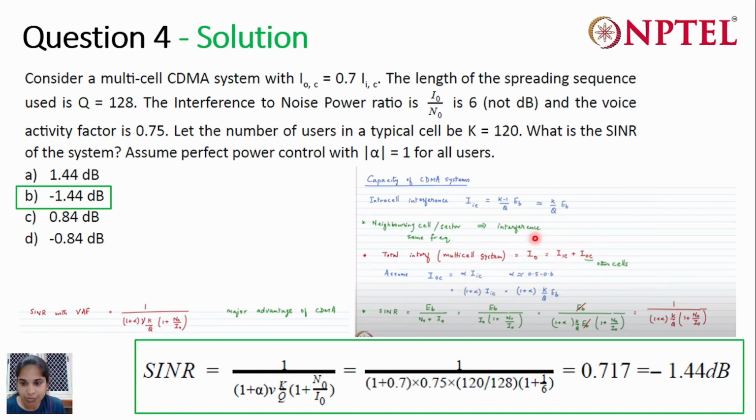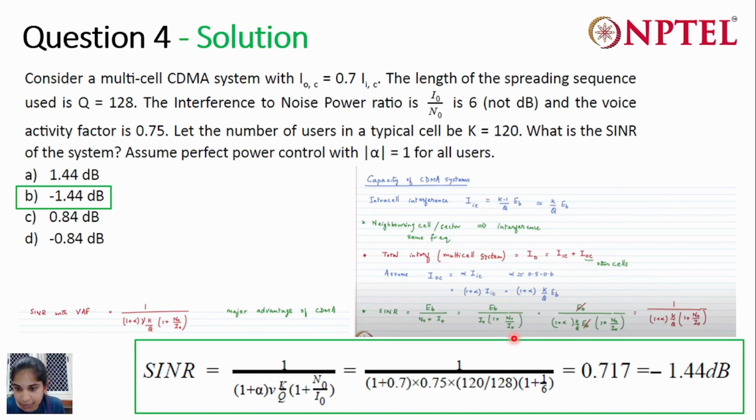So the total interference I naught is 1 plus alpha into IIC, which is 1 plus alpha into K by Q into EB, right? What we are asked to find is the SINR. So SINR is EB by N naught plus I naught. Taking I naught out, EB divided by I naught into 1 plus N naught by I naught.